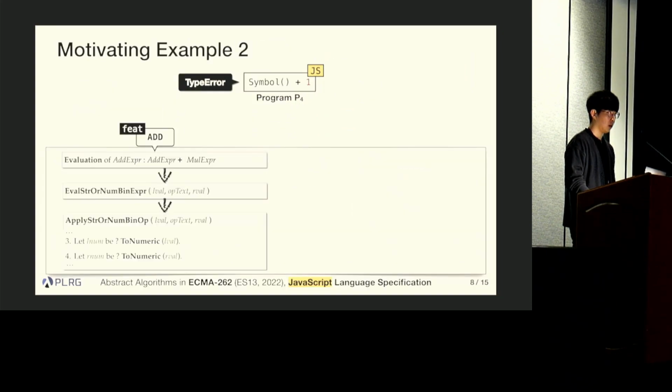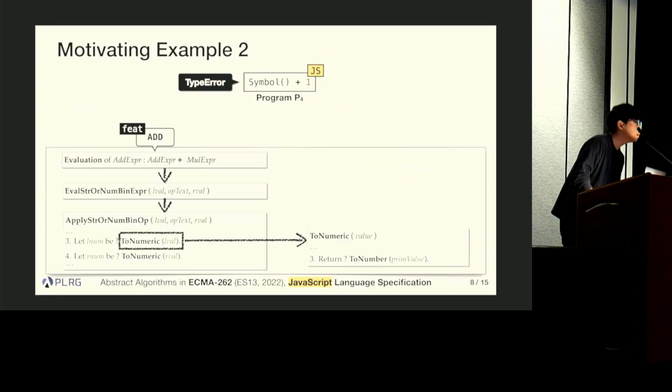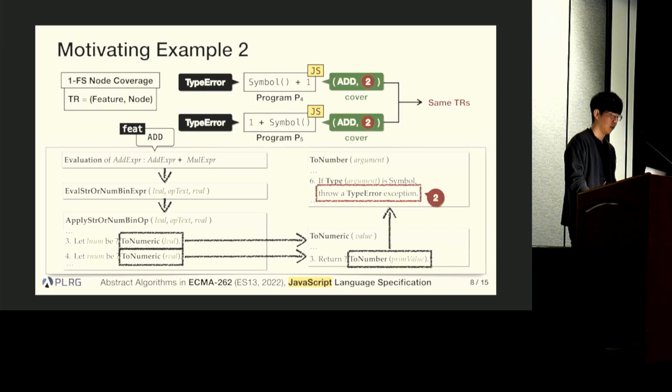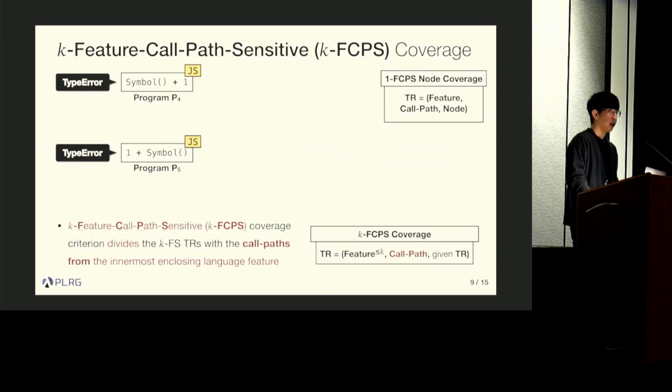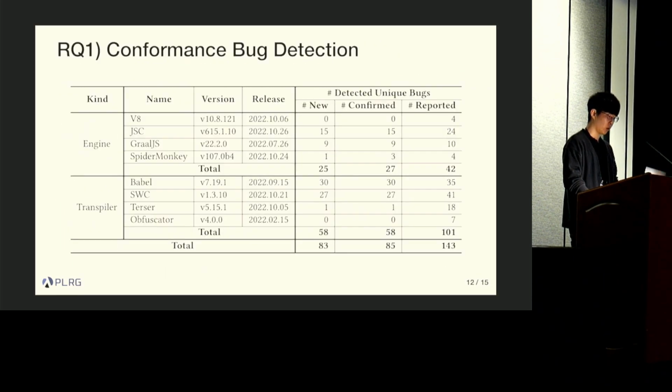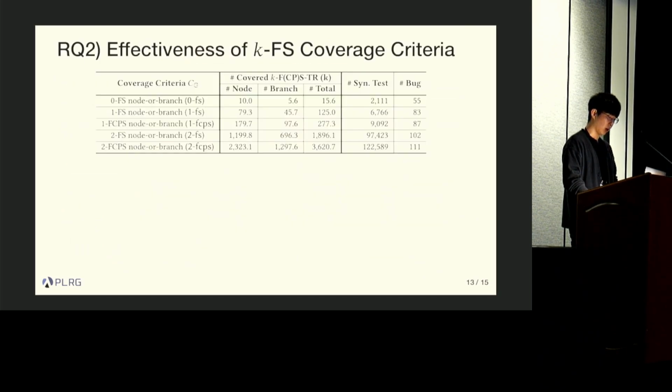The second question is that for the evaluation, it seems like you used only 1 or 2 for the K value. Have you tried any bigger Ks? With bigger K, we have an explosion problem because it increases the number of test requirements. This table describes the number of test requirements.